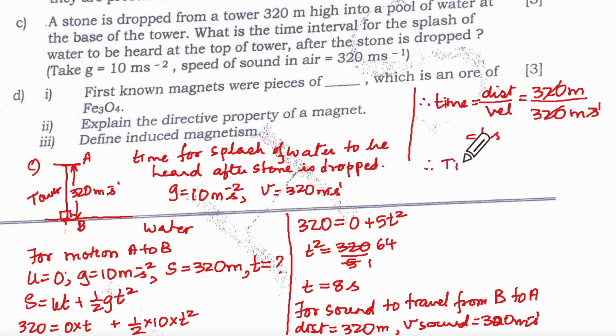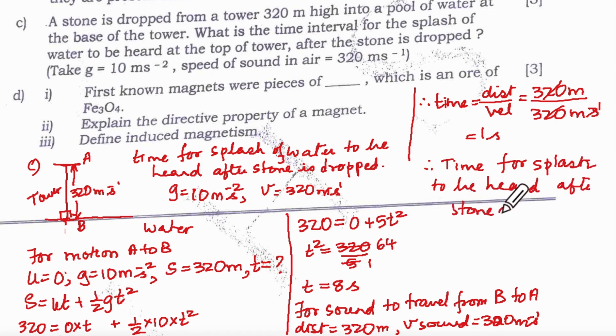Therefore, the time for splash to be heard after stone dropped is equal to this initial one I'll call as T1 and this I'll call as T2.